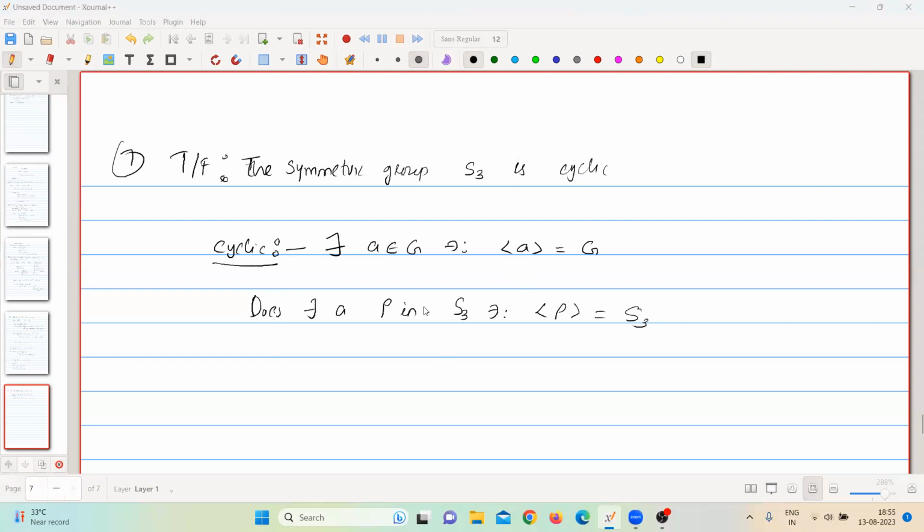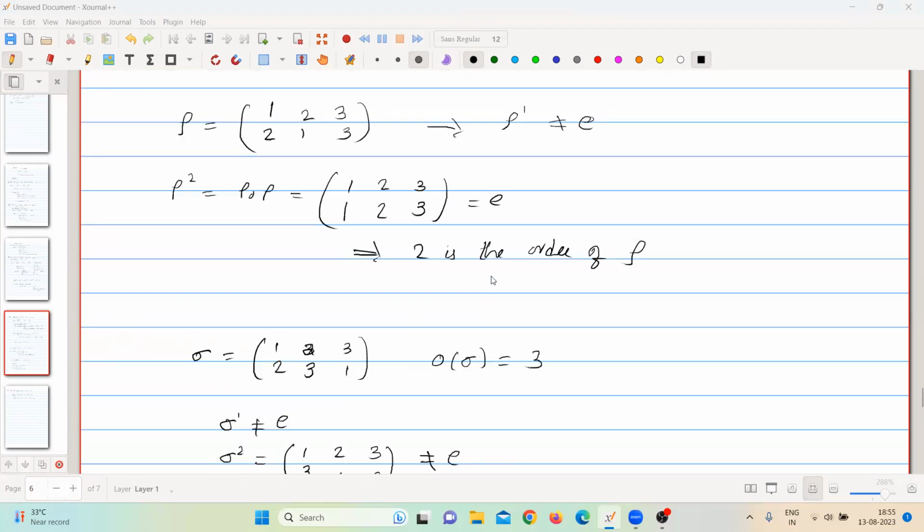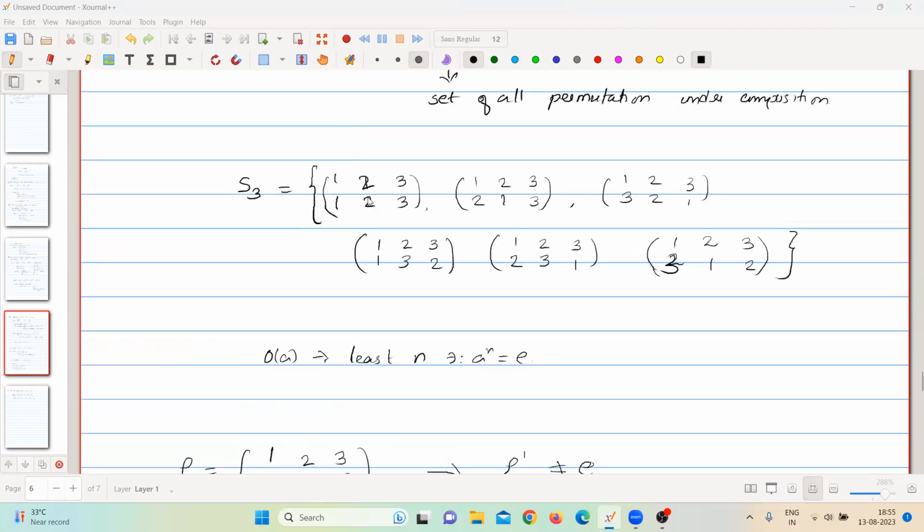So can anyone find a rho like that, a rho that generates full S3? We have already listed all the elements in S3. We can see here, this is S3. Can any of these elements generate full S3? If possible, which element will generate?